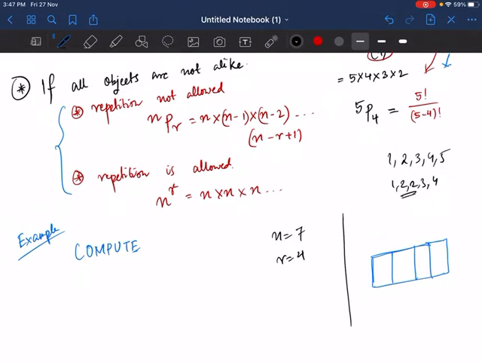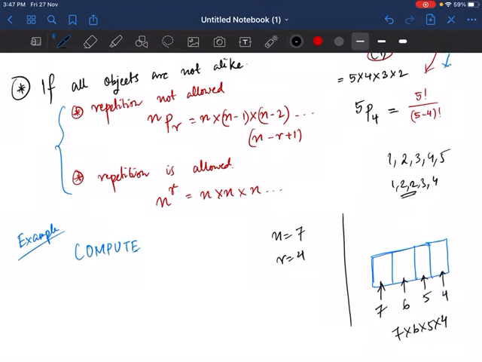Now let's do the multiplication. How many ways can we fill the first compartment? It will be 7 ways, right? How many ways can we fill the second compartment? It will be 6 ways. Then it will be 5 ways. Then it will be 4 ways, right? So the answer by the multiplication principle is 7 into 6 into 5 into 4.